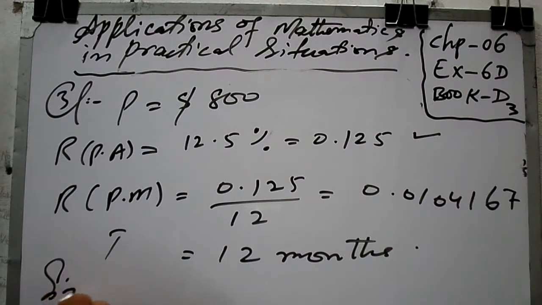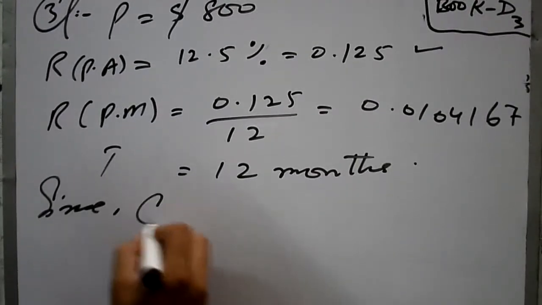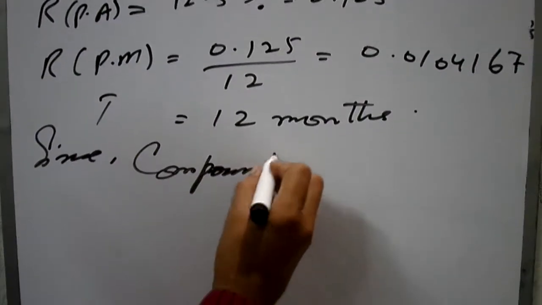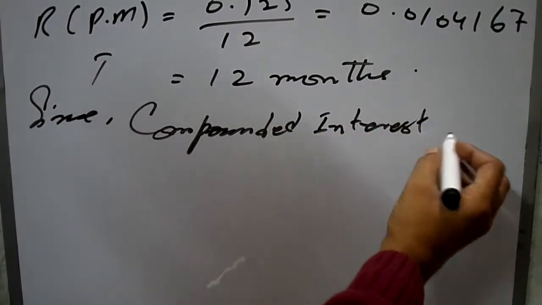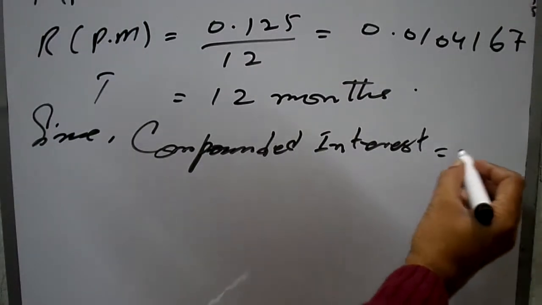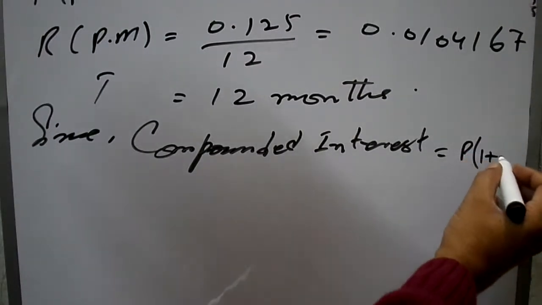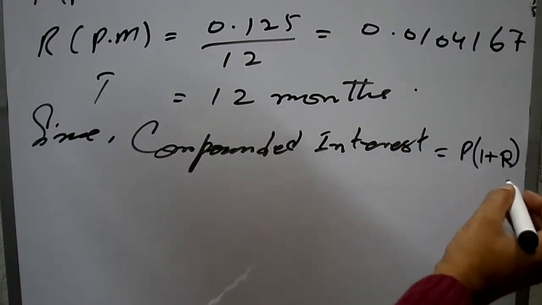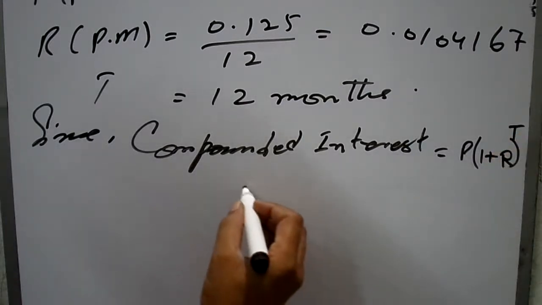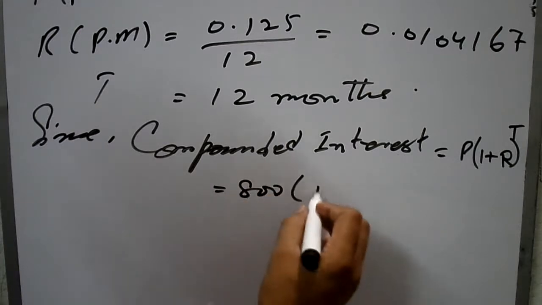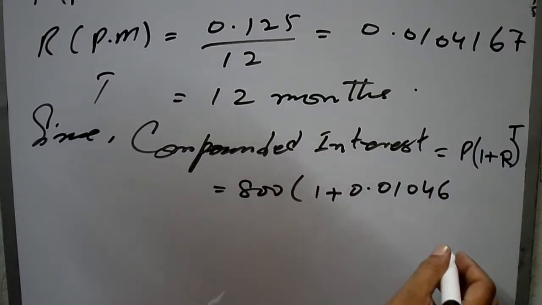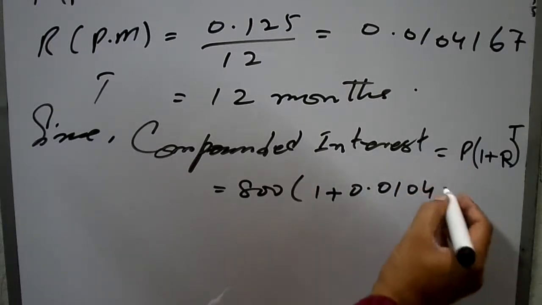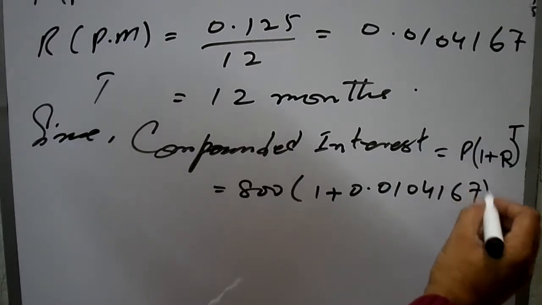Sorry, we have the compound interest formula, which is A equal to P into (1 plus R) to the power T. So that will be equal to 800 into (1 plus 0.0104167) to the power 12.